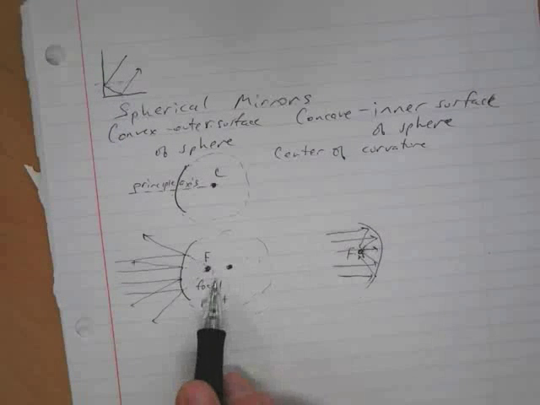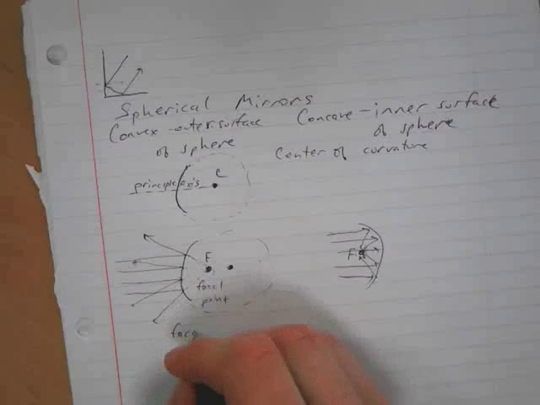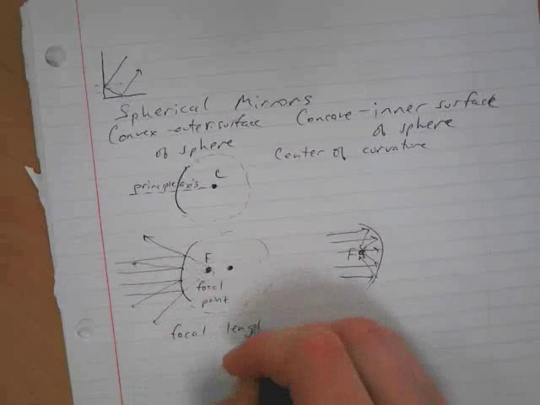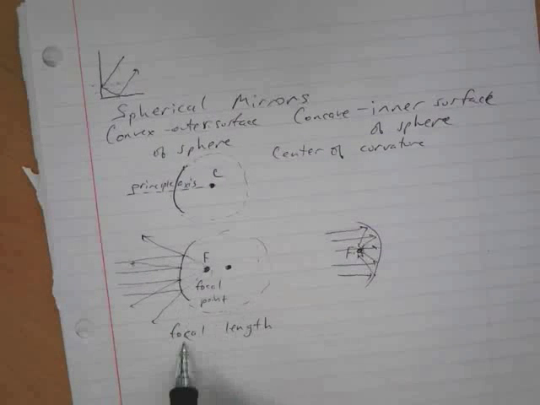For both kinds of mirrors, and it'll turn out for lenses, which we'll talk about later, the focal length is an important property.